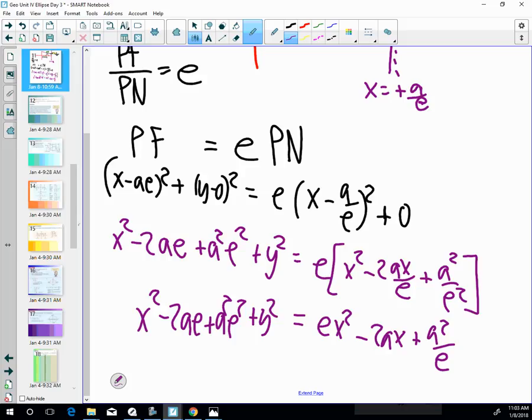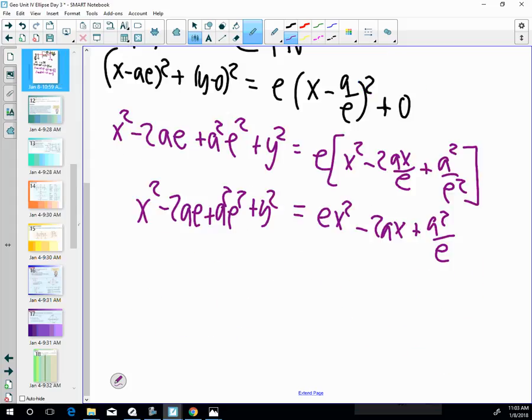Does anything cancel out? Please tell me something does. Did anything cancel? Oh, 2AE, 2A squared E squared. Yep. And then this part's okay, EX squared, 2AEX. Does it look okay now?